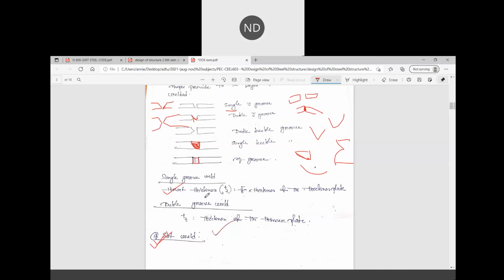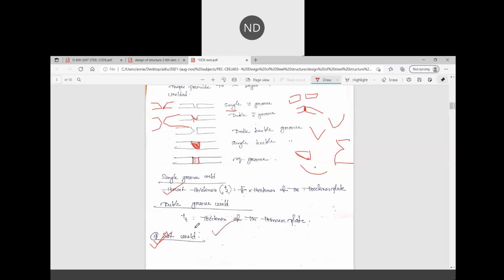So when you design, you know that you have to find out the throat thickness. In your groove welds, for single groove weld, the throat thickness of a single V groove weld, not only V, any type of single groove weld, is given by 5/8 into thickness of the thinner plate. Double groove weld, thickness of the thinner plate. Okay, and slot weld.